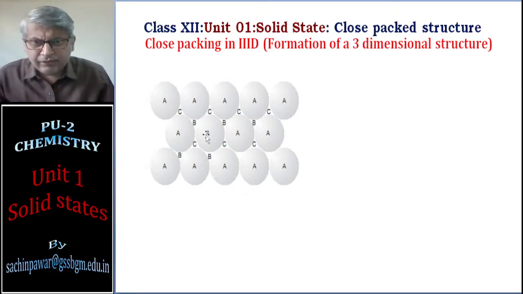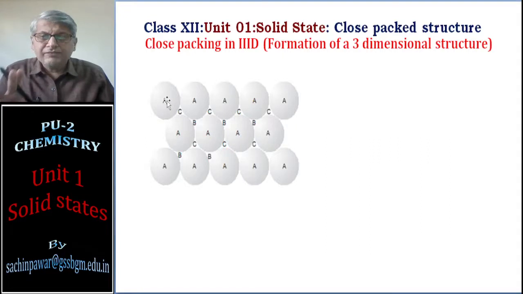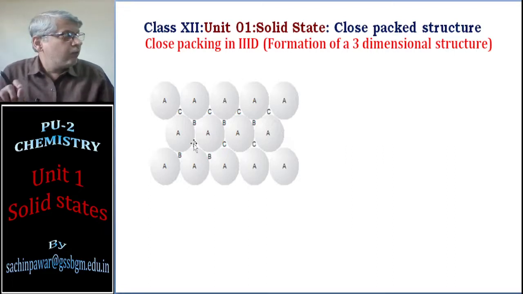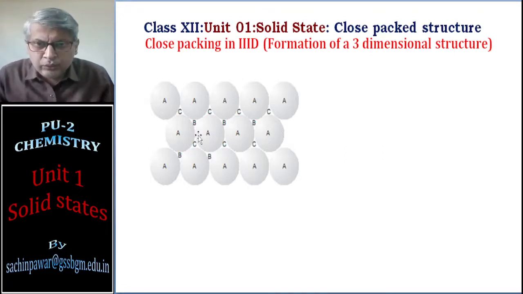Suppose for hexagonal close packing, we consider the particles of plane 1. I will label them as A, and so on. Then you will see 2 types of gaps. We will not use the word gap for this, we will use the word void. So if I take voids, there are 2 types of voids.